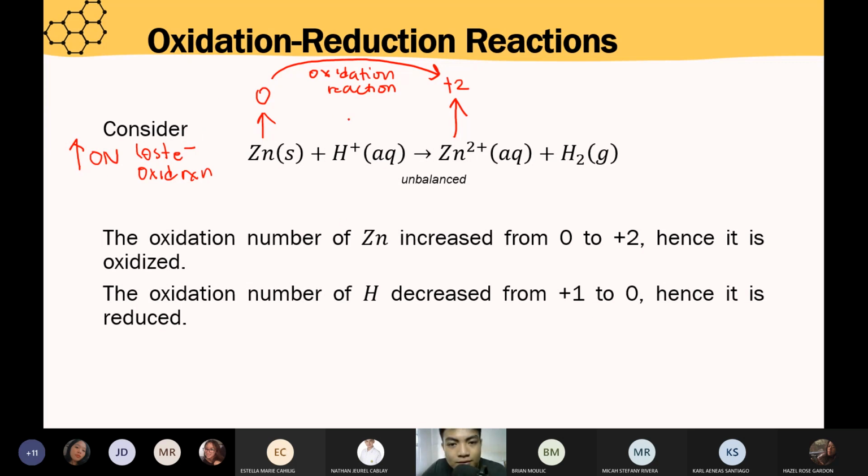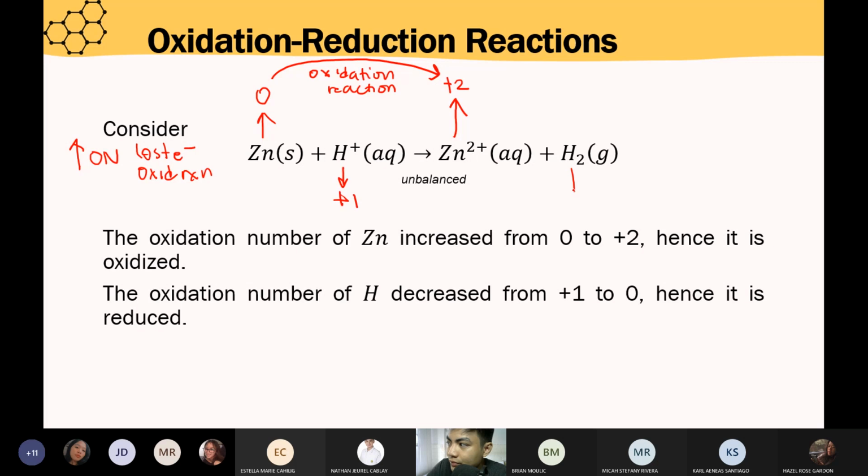How about hydrogen? As you can see, hydrogen, positive 1. Its oxidation number here is positive 1. Rule number 2, monoatomic ion. The oxidation number of monoatomic ion is the charge itself. And then, pagdating sa other side, H2. Ano nangyari?